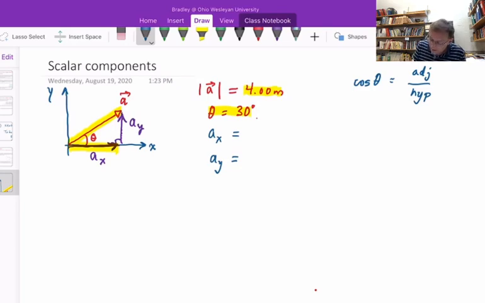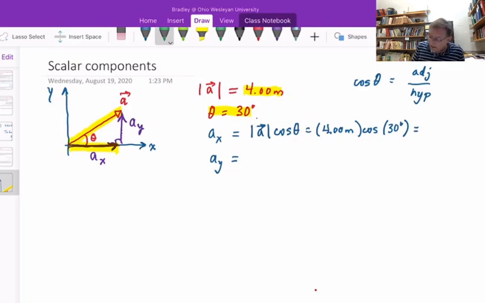And the adjacent side is a sub x. And the hypotenuse is the magnitude of A. So a sub x is equal to hypotenuse, magnitude of A, cosine theta. And the magnitude of A, 4 meters. And then I'm taking the cosine theta, which is 30 degrees.